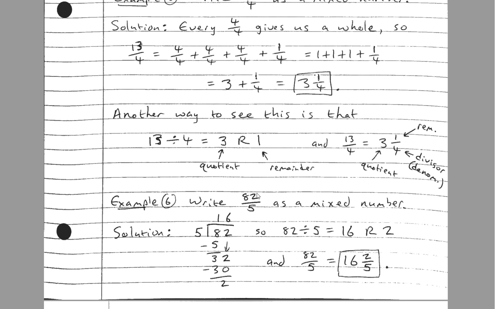This is saying that 5 fits into 82 16 times. So we have 16 full rectangles, and there's 2/5 left over, so it's 16 and 2/5.